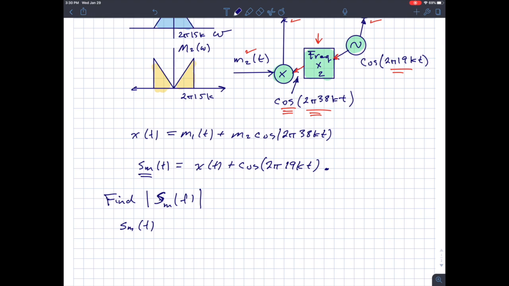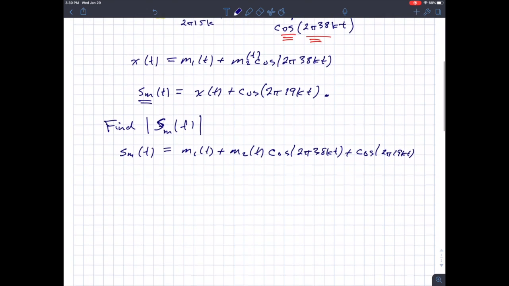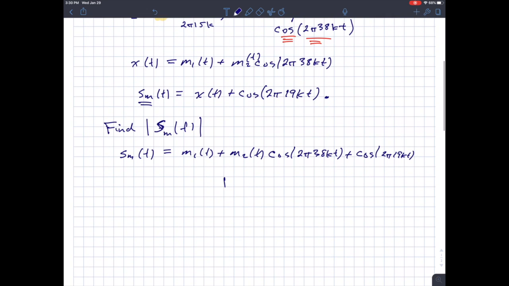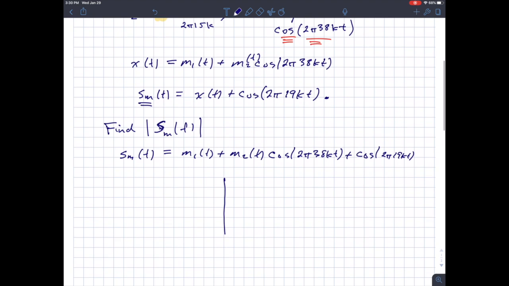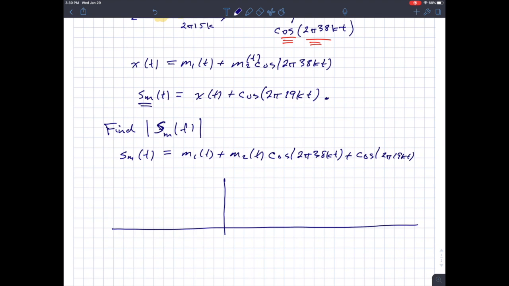SM of t is going to be M1 of t plus M2 of t, I forgot the of t up here, cosine 2 pi 38 kt, plus cosine 2 pi 19 kt. These are things that we can take the Fourier transform of, and we take a look at the shapes.